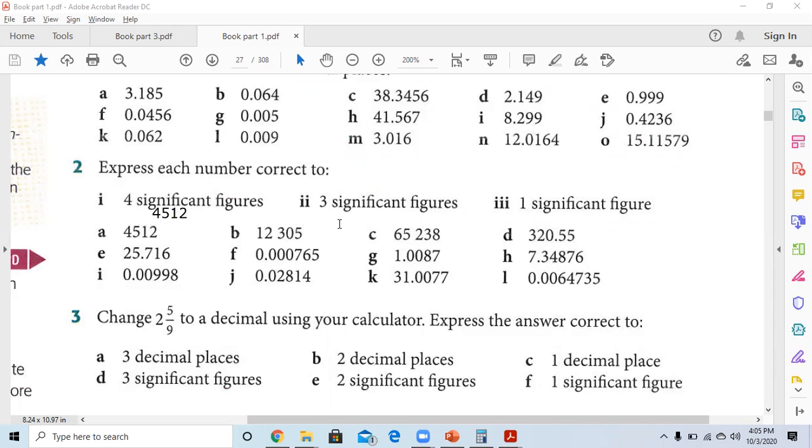Then 3 significant, so what I write here is 4, 5, 1, 0. Okay, so the fourth number we never add. In the place of the fourth number we put 0. In the place of 1, as I told you, after 4 there is 5, which is more than 4, so we add 1. 1 plus 4 is 5, so 5. Other than this we just put zeros. Okay, so I hope all of you understand.